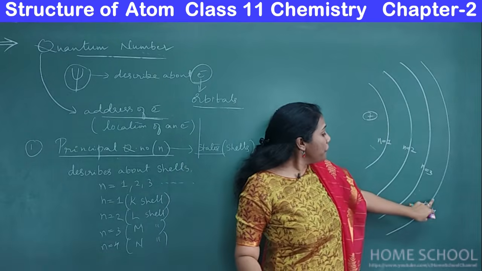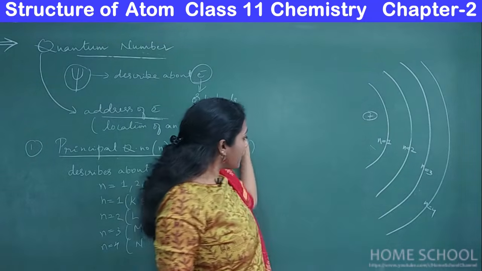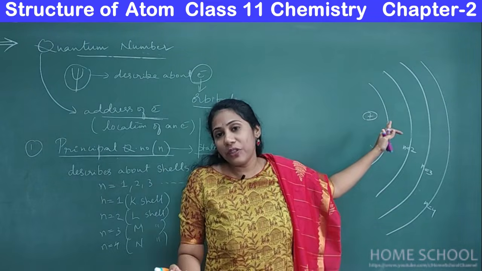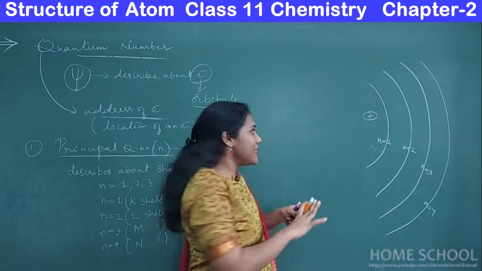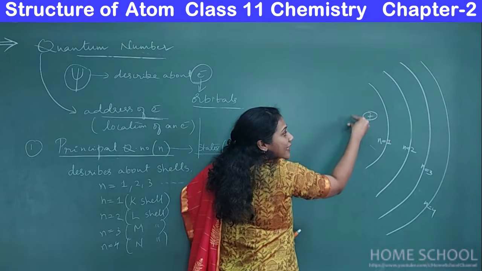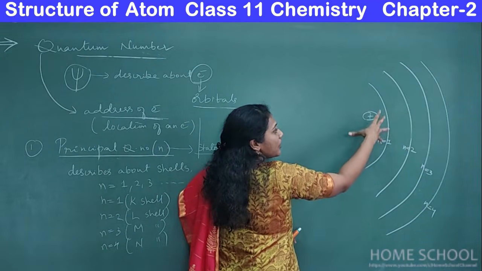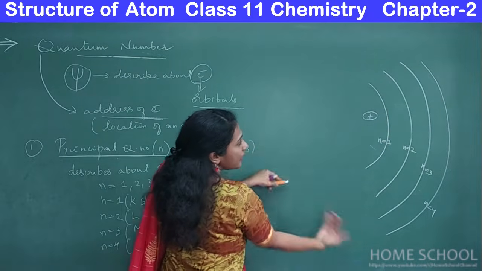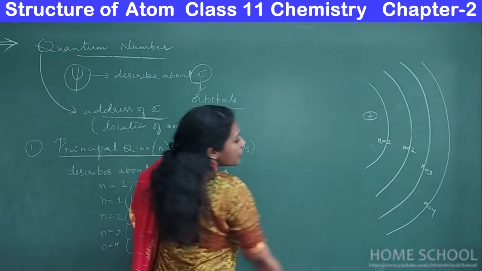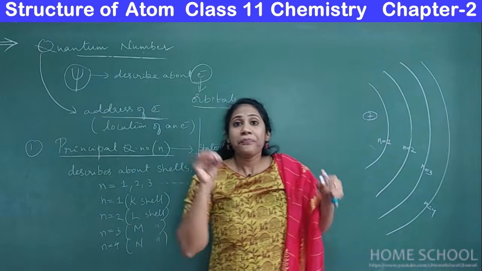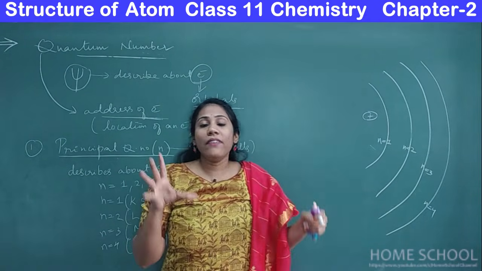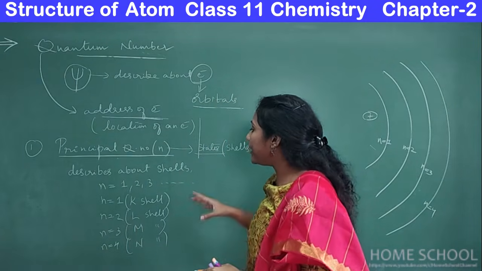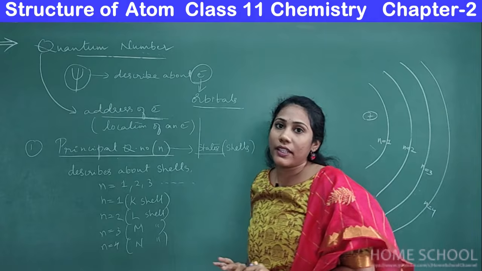And the fourth shell is the region around the nucleus which is very far from the nucleus. So the immediate region around the nucleus is the first shell, then the next region is the second shell, then the third shell, then the far away region is your fourth shell. Like that, the space is mainly divided into shells. n is equal to 1, 2, 3, 4, like that it can go on.